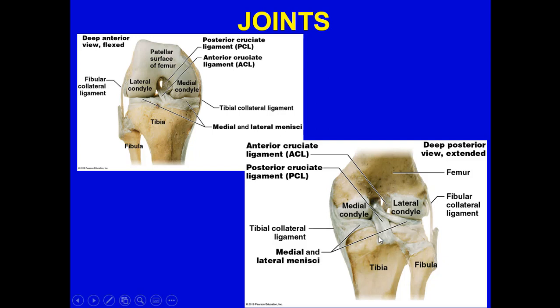Notice they're all attached in one sense or another to the tibia. They provide stability by attaching themselves to the femur. Okay. Tibial collateral ligament is here. Fibular collateral ligament is here. We've got the menisci, the medial and the lateral here. Okay.